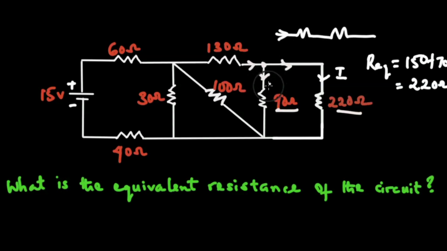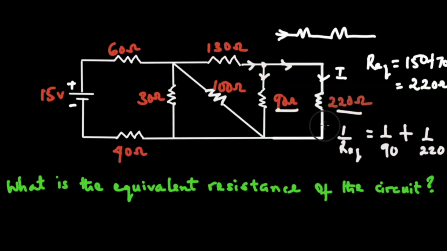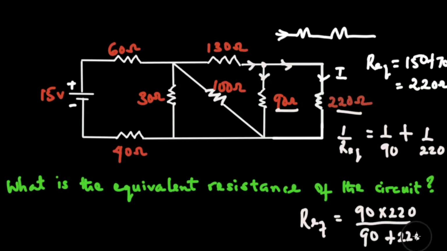Because these are in parallel, to calculate the equivalent resistance, I have two approaches, two methods. I can say that 1 over R equivalent is equal to 1 over 90 plus 1 over 220. I can also say that R equivalent for these two resistors is equal to 90 multiplied by 220 divided by 90 plus 220. Both approaches would give me my answer.